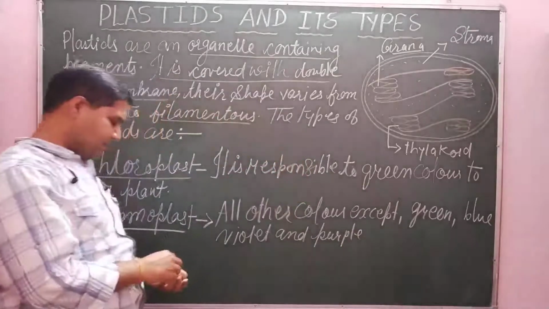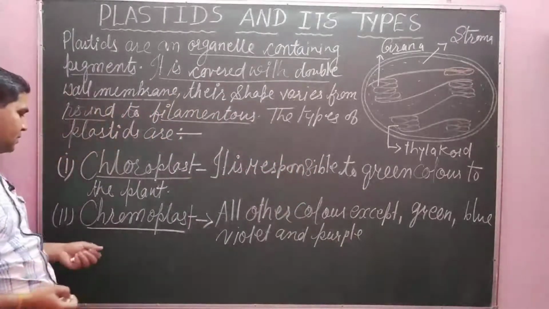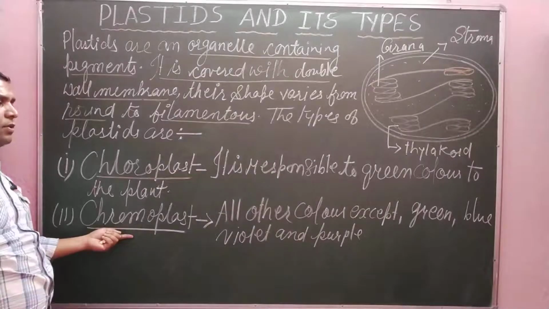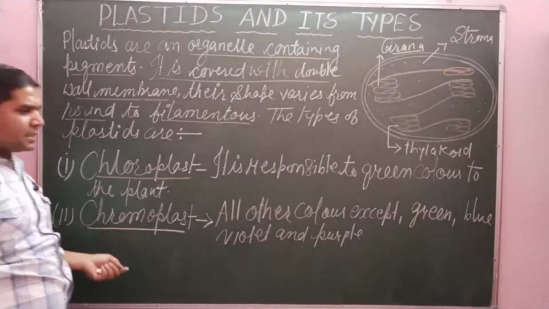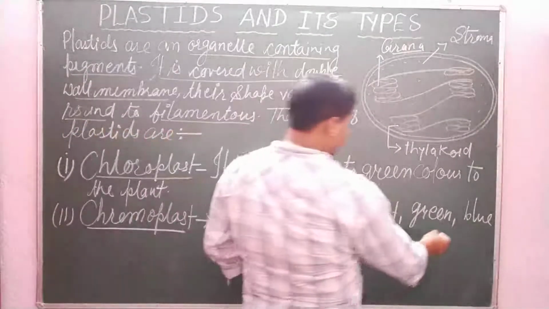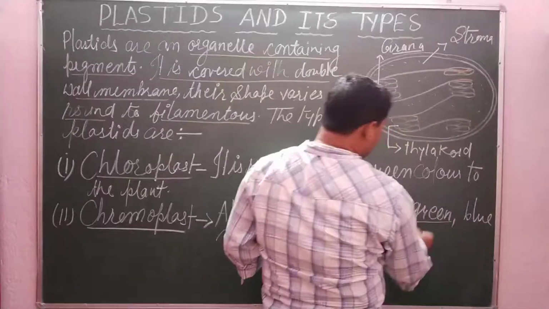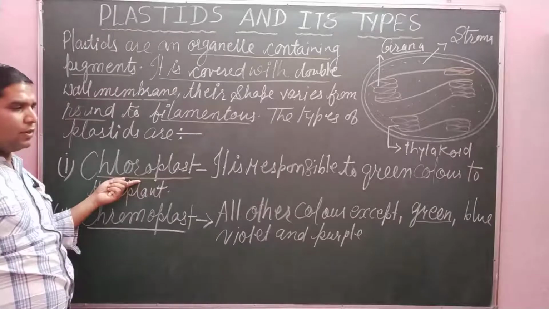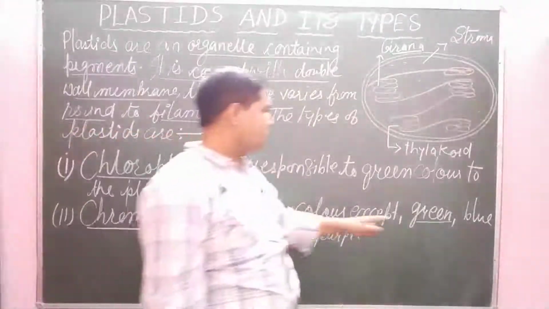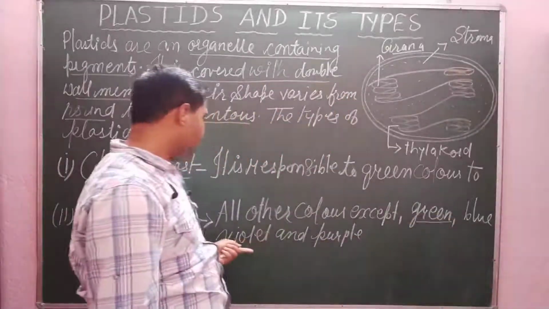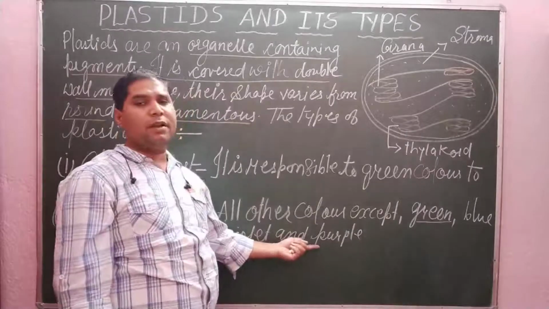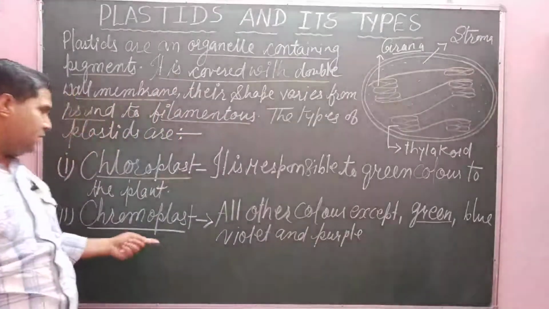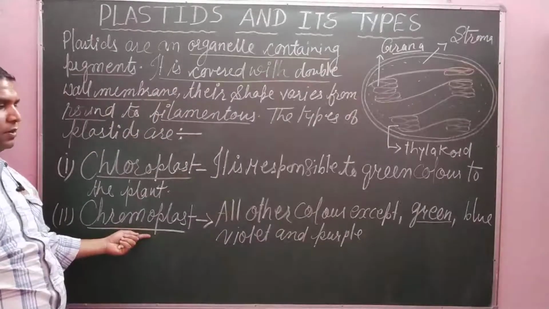Dear student, chromoplast is essential to give all other colors except green. Green is associated with the chloroplast, whereas blue, violet and purple are not associated with chromoplast.